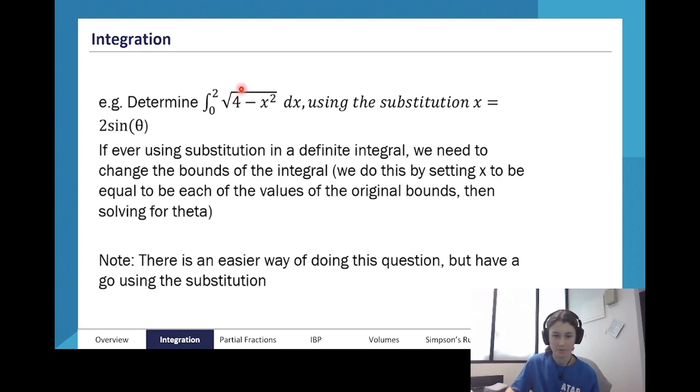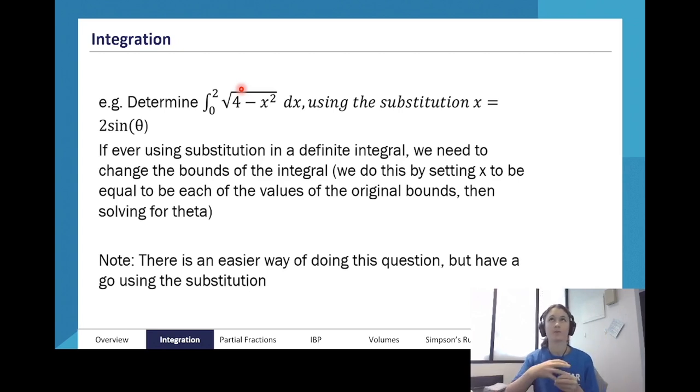However, nonlinear substitution, if you remember from a few minutes ago, only works when we have two functions together, like a product or a quotient, because then the derivative of our u is going to cancel out, and we're going to be left with no leftover x's. But in this case, we only have one function, so we can't use nonlinear substitution.